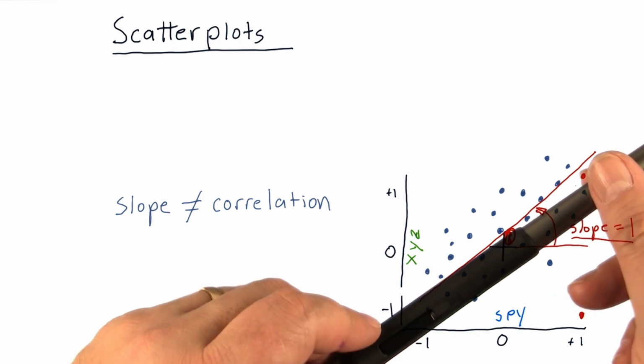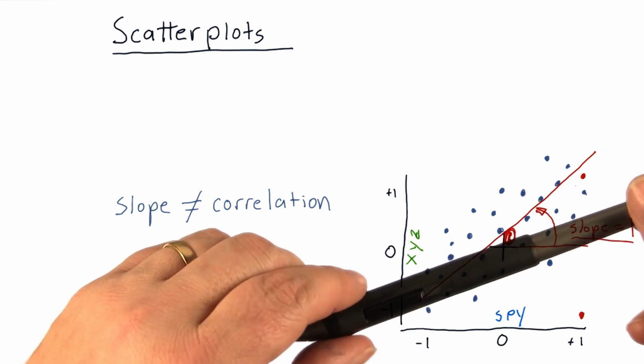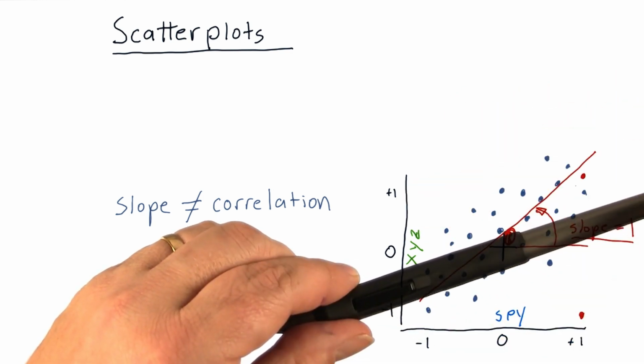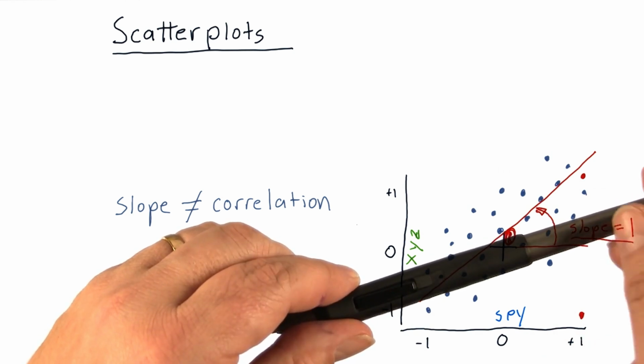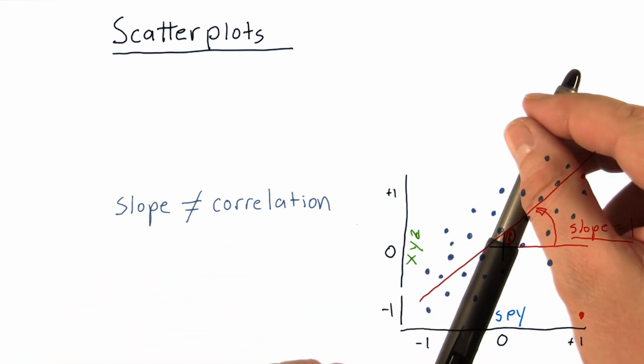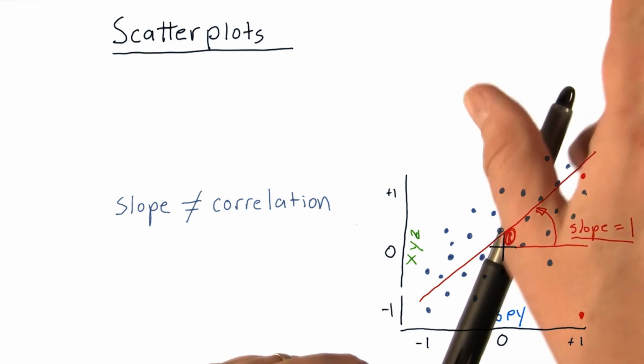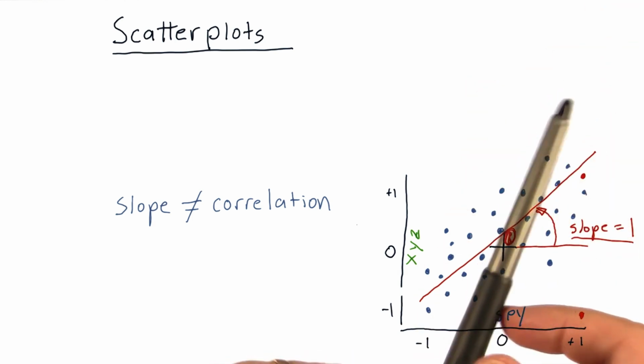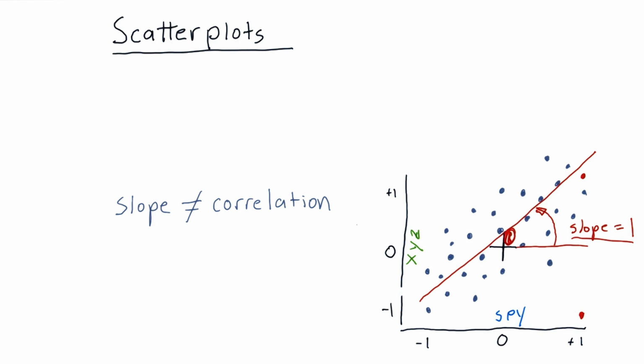So you could have a shallow slope, but the data tightly fitting that line, and thus a higher correlation. Or you could have a steeper line, and the data fitting that line and a higher correlation. Correlation is just a measure of how tightly those dots fit the line.